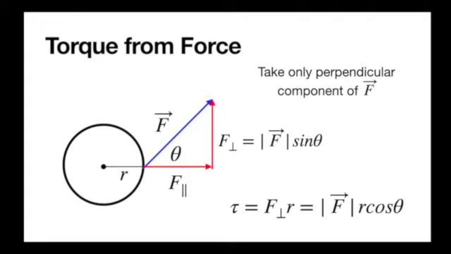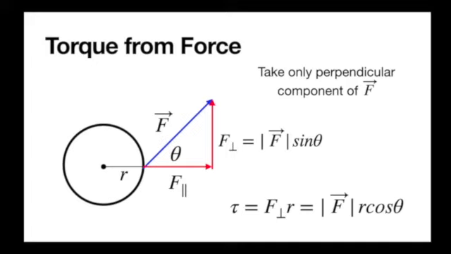But in this case, we have a wheel, and some force F is being applied some distance r away from the center at this angle. So if we want to find the torque this force is going to create, we have the force and its distance away, so we just need to know what piece of this force is perpendicular to its position vector, to this r.